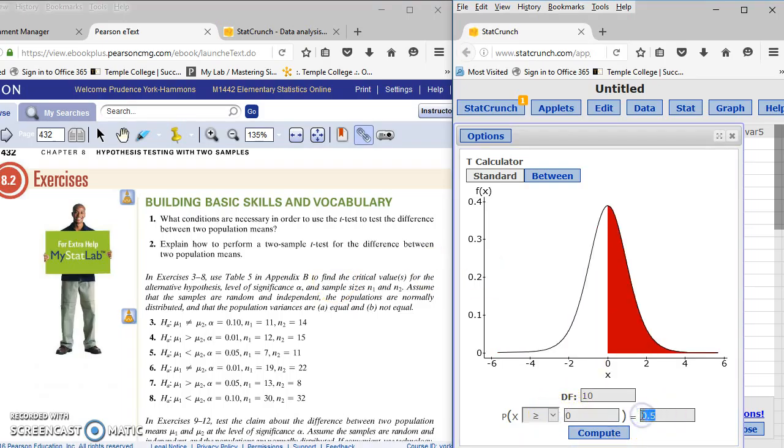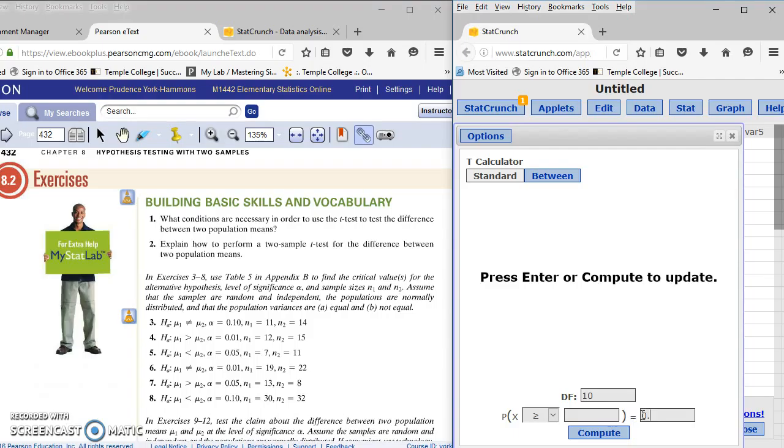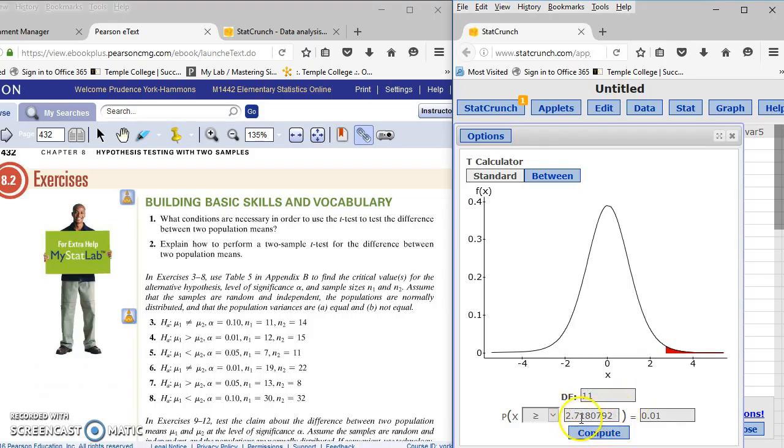I know my alpha value was 0.01. And here, my degrees of freedom, I'm just going to remind you, the smaller of the two sample sizes was 12. I just subtract 1 from that. And when I do that, my actual degrees of freedom is 11. 12 minus 1 is 11. So when we compute, our T sub 0 is 2.718.